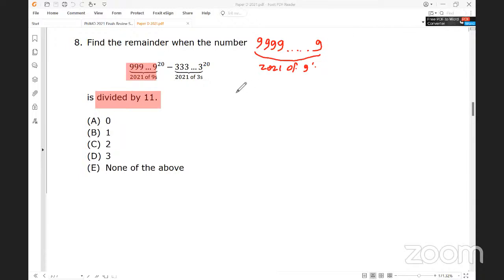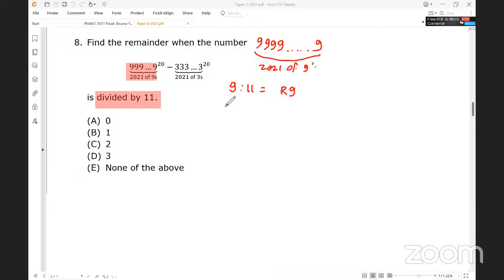Okay, so how to get this one? 9 divided by 11. I just want to know the remainder, don't need the quotient. So the remainder is 9.